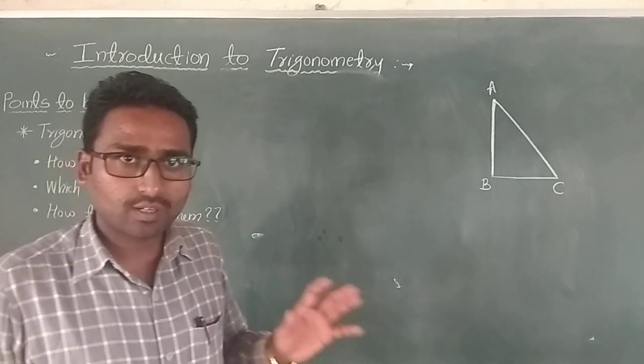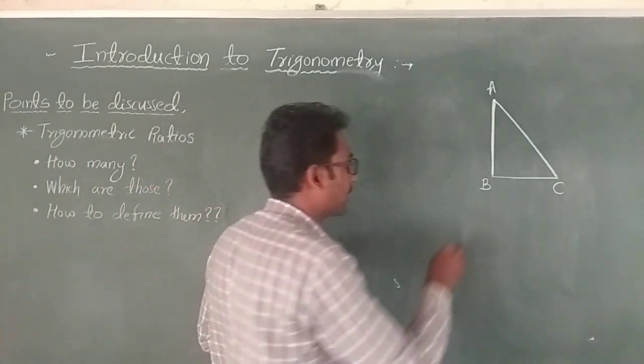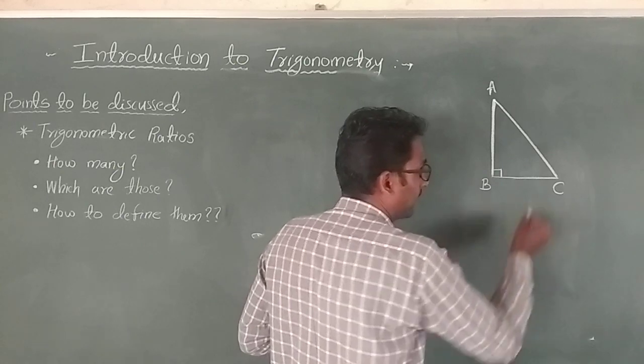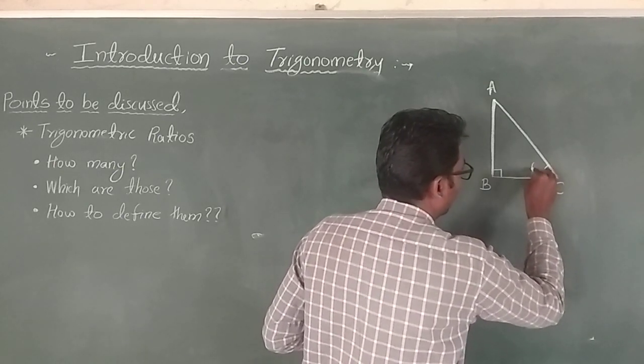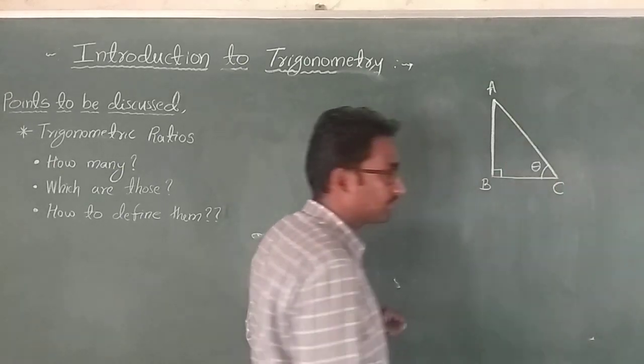Let us consider a triangle ABC in which angle B is 90 degree and angle C is taken as theta.